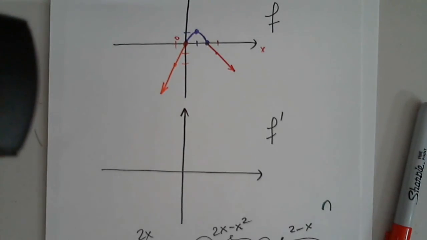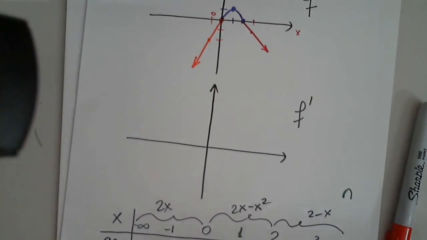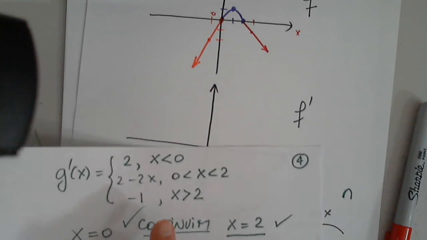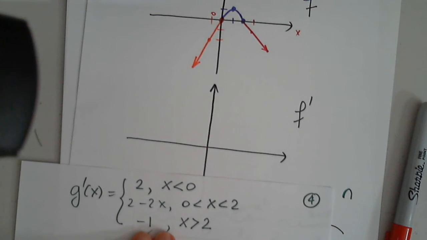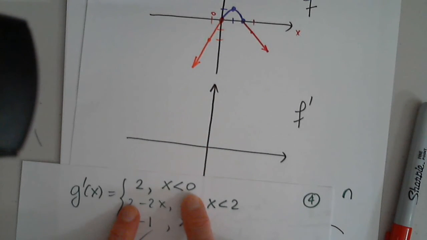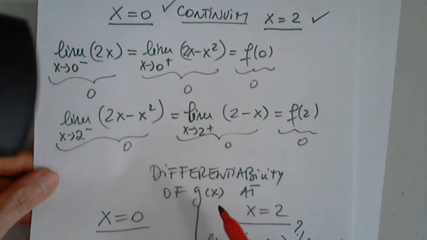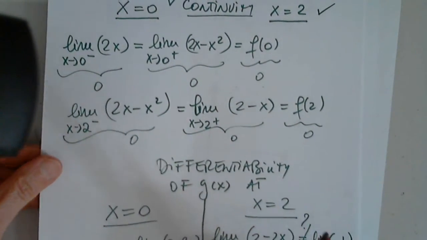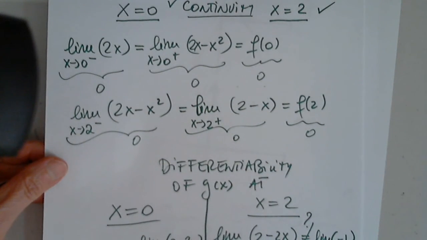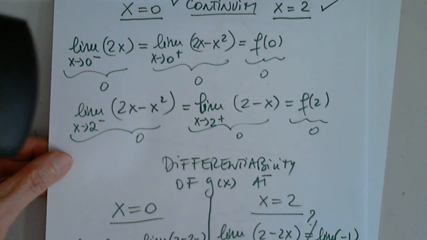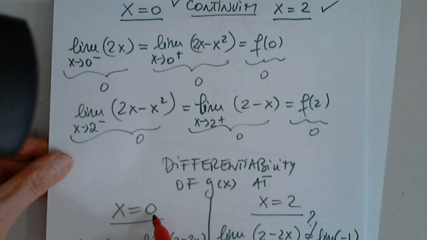Okay, now, so I'm going to go back to the derivative at this point, to the left-hand side of 0. So I already know that this function, g function, is differentiable at 0, so the derivative will be continuous at 0.